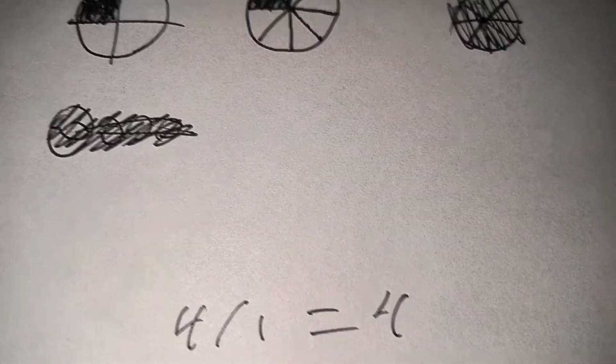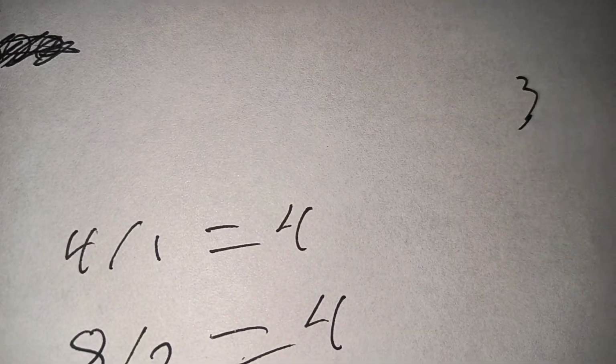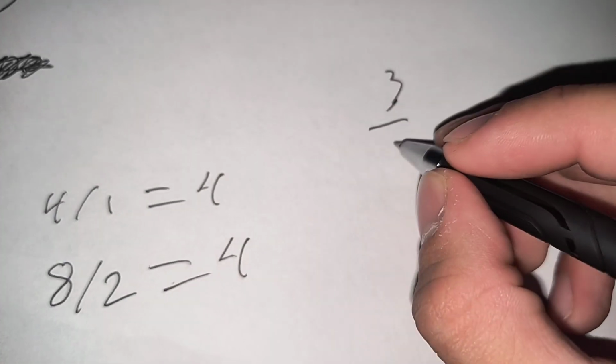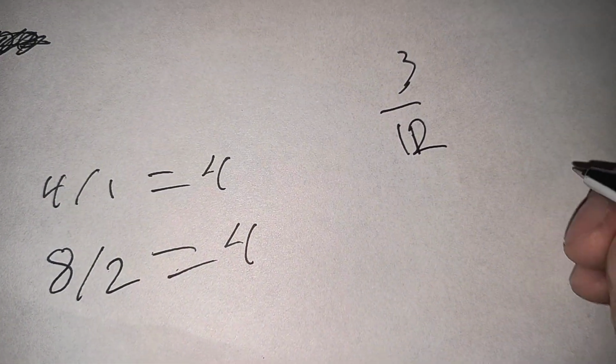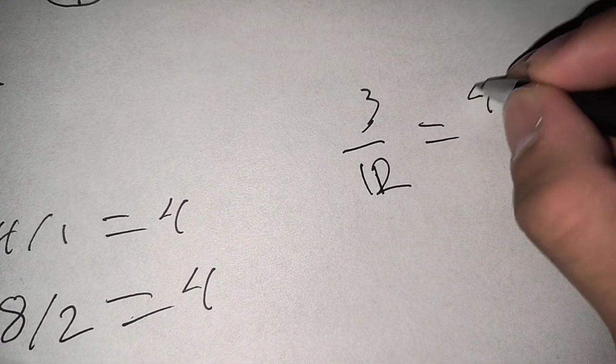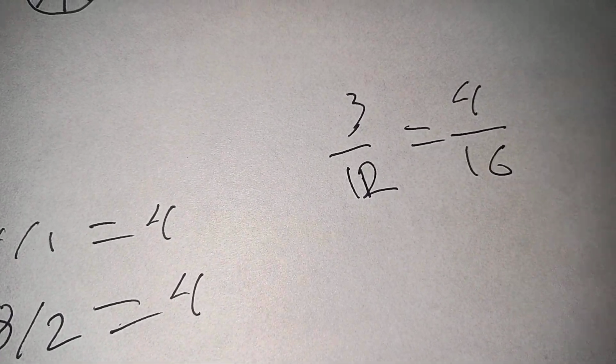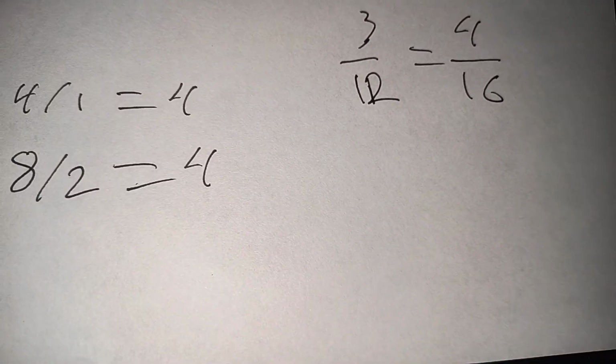So let's do that over here. If I were to have the fraction 3 over 12 and the fraction 4 over 16, they're saying they're equivalent, but how do we know?